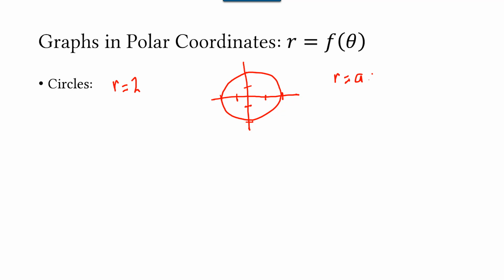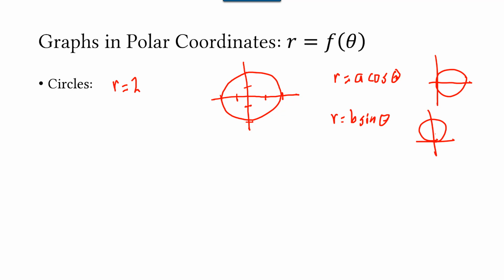Any equation of the form a cosine theta, that's going to be a circle that has a center on the x-axis and passes through the origin. And an equation like b sine theta, that's going to be a circle with center along the y-axis that also passes through the origin.